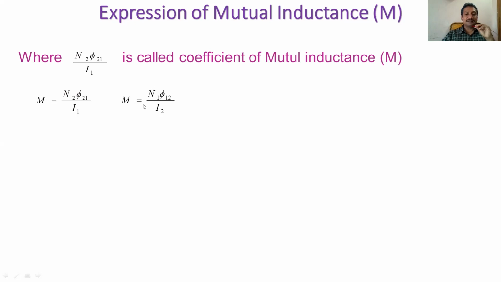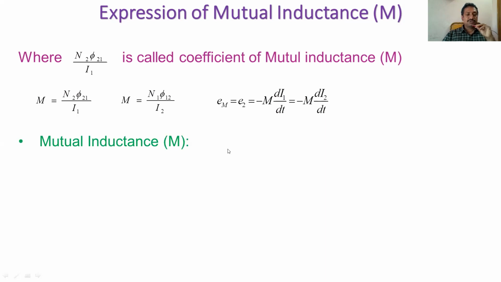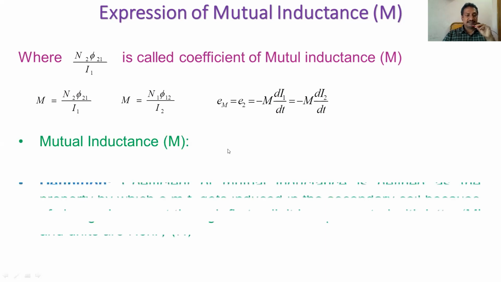Due to the change in mutual flux, an inductance is developed, and that inductance is called mutual inductance. Therefore, Em is equal to E2 is equal to minus M into dI1 by dt, or minus M into dI2 by dt.